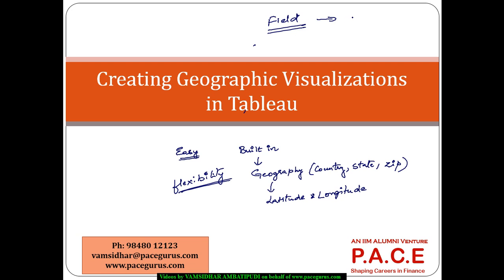But if you want, you can assign a geographic role to any of the variables. And you can even remove the geographic role that Tableau has assigned by default to a couple of fields. That kind of flexibility it has given.